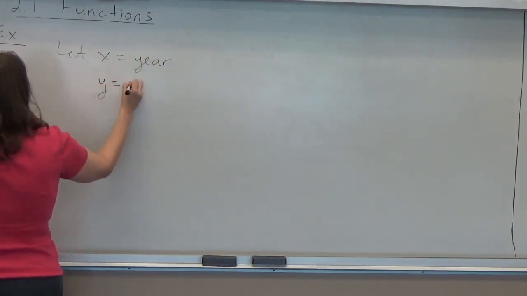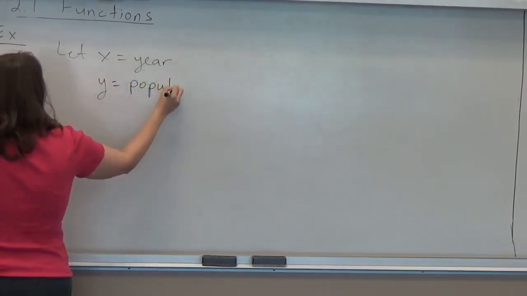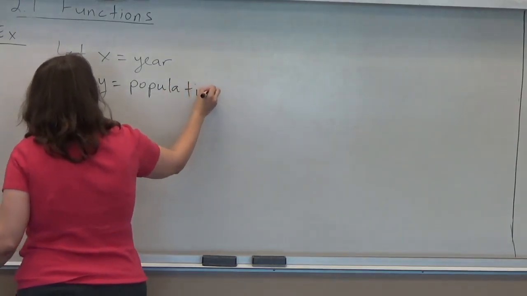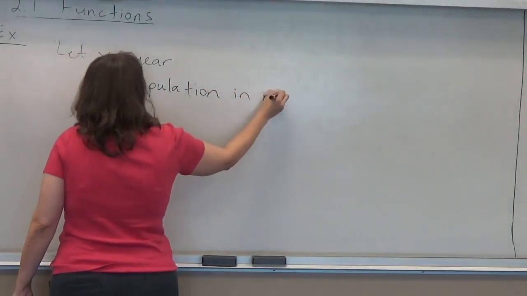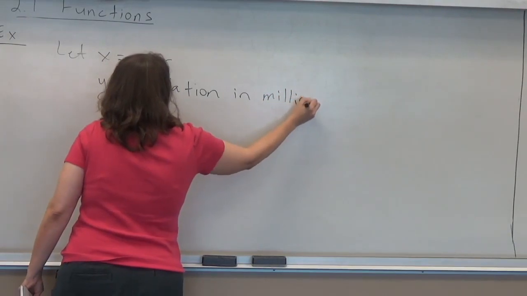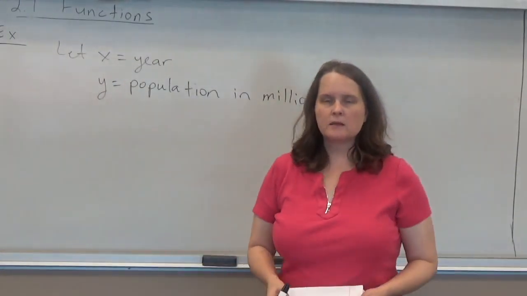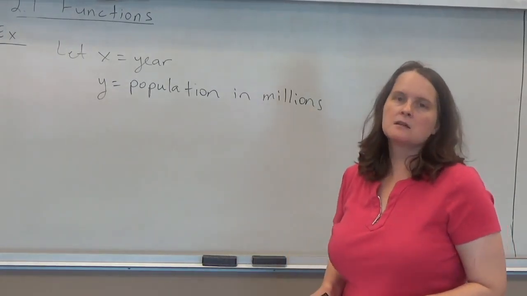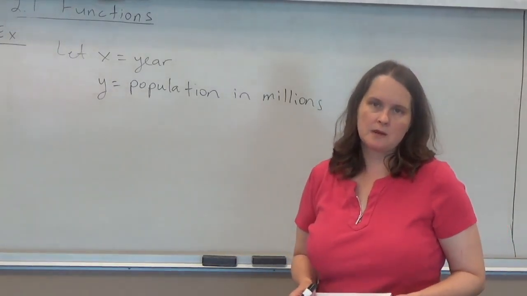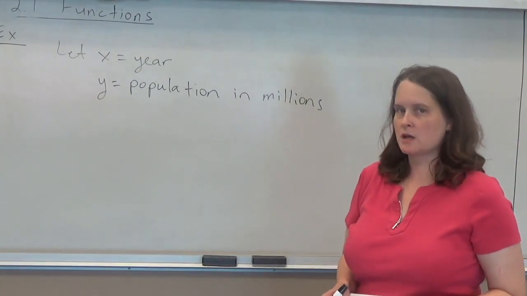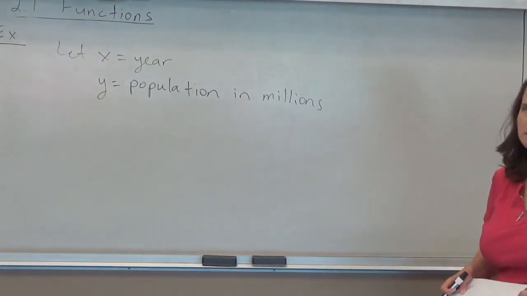Y will be the population in millions. So read the problem again and try to set up two ordered pairs from the information given. I will let you pause the video and think about that.